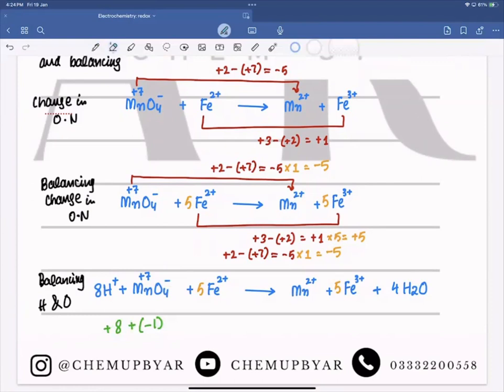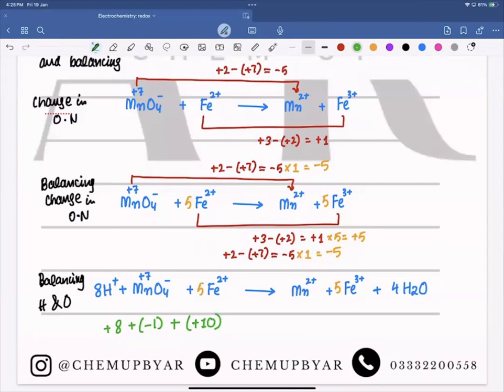The net charge on iron 2 positive ion? One iron 2 positive has a charge of 2+, so there are 5, which makes it +10. Is this clear?